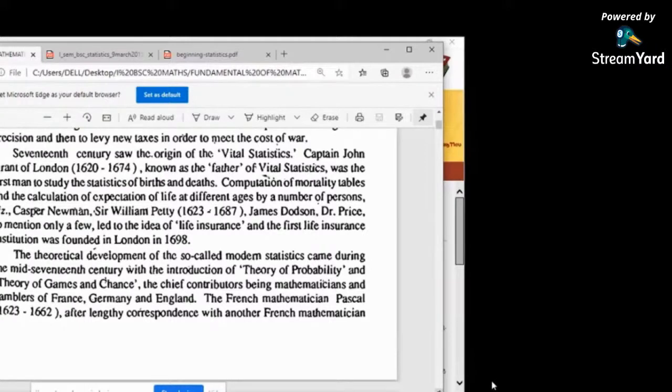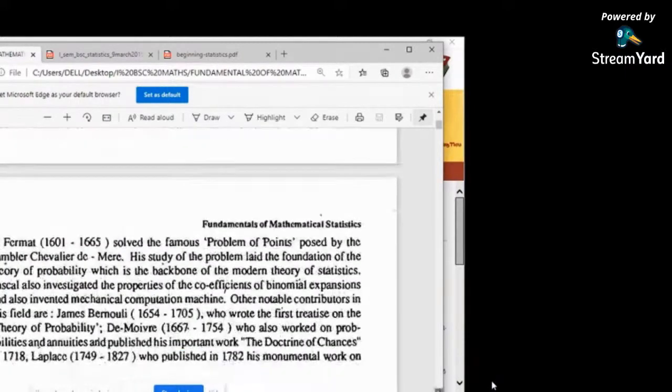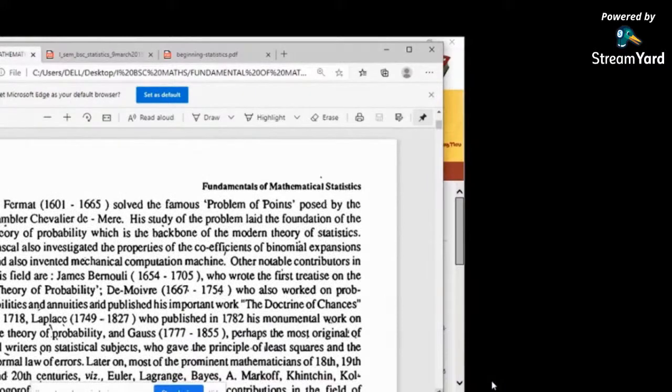It was begun by the French mathematician Pascal, who lived 1623 to 1662. So this is the historical structure of modern statistics. Fermat solved the problem of points posed by the gambler.